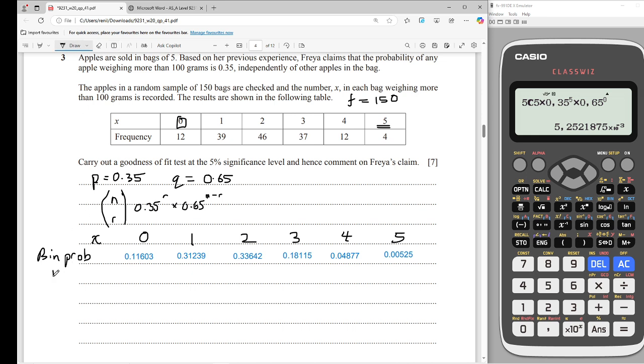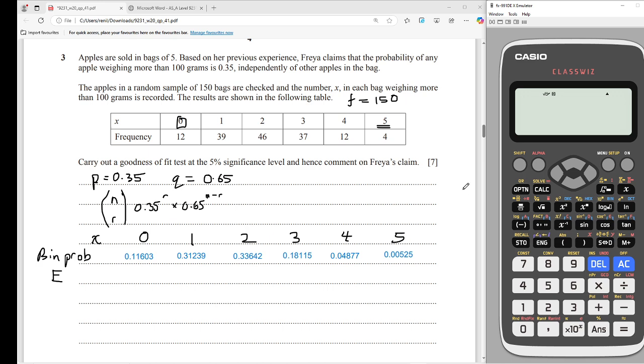So I'm going to write E here, 0.11603 times 150, which is equal to this value here. We can keep it to 5 decimal places.